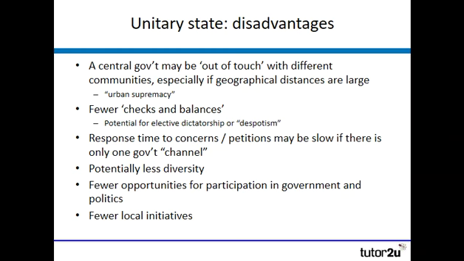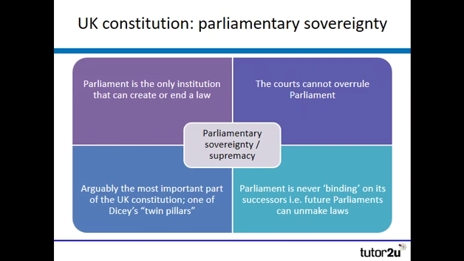If all issues have to be channeled into central government, that can be quite challenging as opposed to finding the local areas and the local access points that might be more beneficial. Arguably, there's less diversity, fewer opportunities for people to participate in government and politics because there is really just the one main level, and arguably fewer local initiatives at the expense of national initiatives.